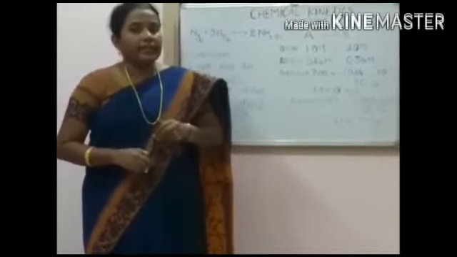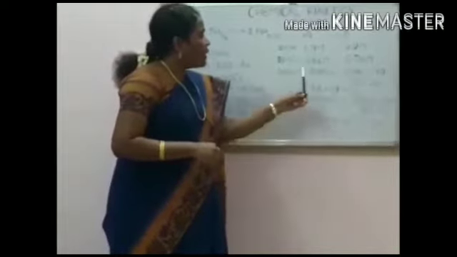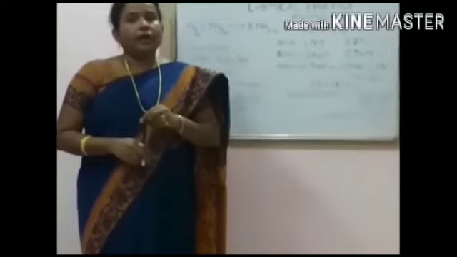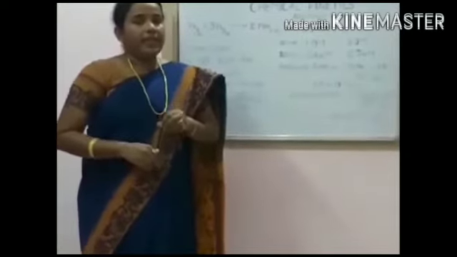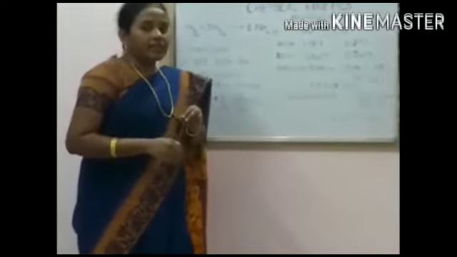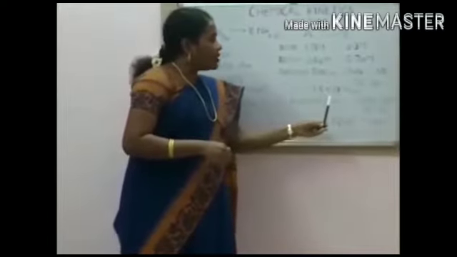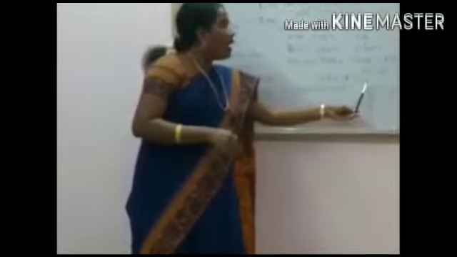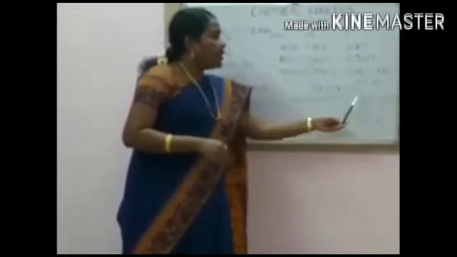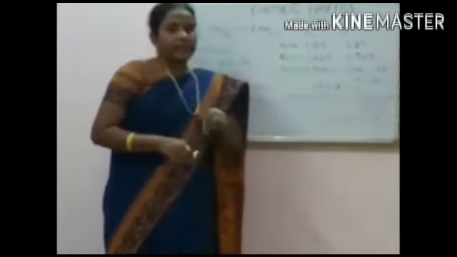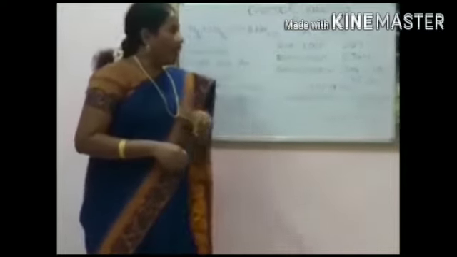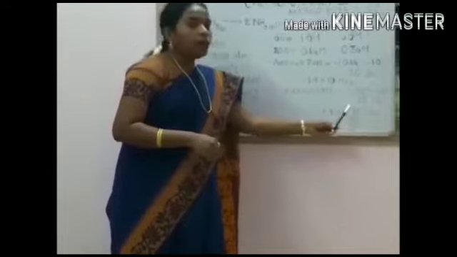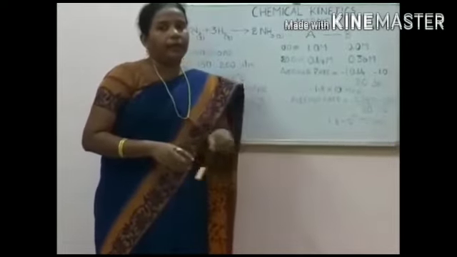After 20 seconds, the concentration of B is 0.36 molar. The average rate is calculated by subtracting the initial concentration of B from the final concentration of B at 20 seconds divided by 20 seconds. This gives again 1.8 into 10 to the power minus 2 molar per second.